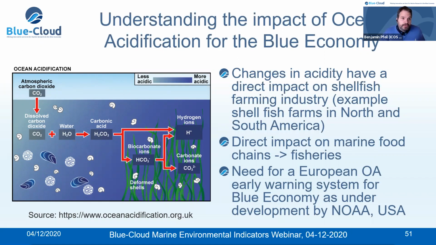And those impacts are twofold. First of all, the change in pH has a negative impact on the shell. And this is quite vulnerable if you have small larvae and small shellfish. But the lack of carbonate ion has a negative impact on building the shell as well. They will still manage to build the shell, but it takes more energy and makes them more vulnerable. It means changes in acidity have a direct impact on the shellfish farming industry.